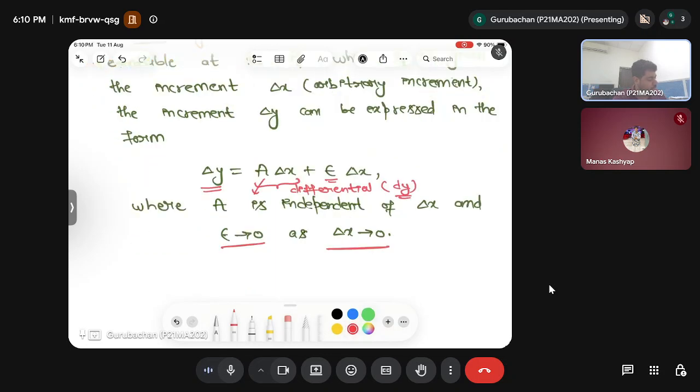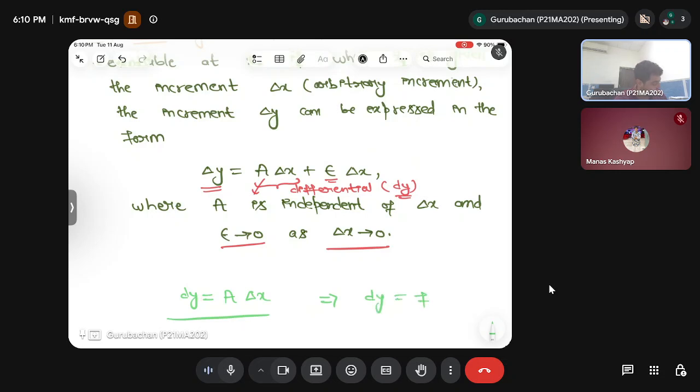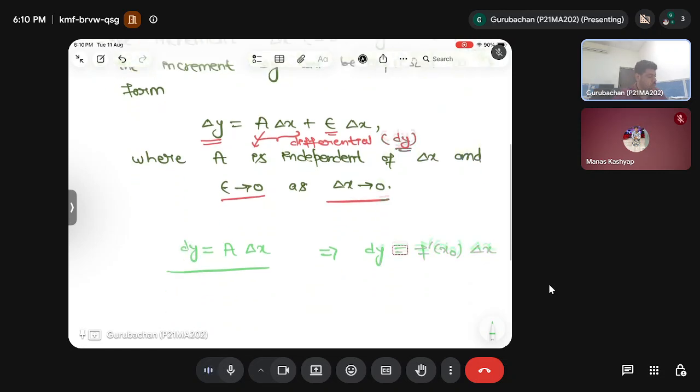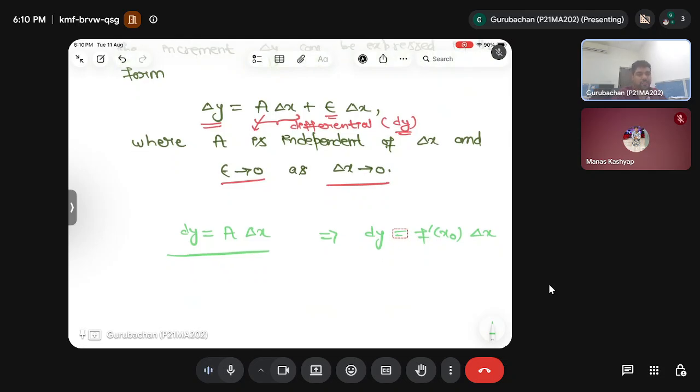So we rewrite dy as a times delta x, and this a is nothing but f dash at x naught, so dy is f dash of x naught times delta x. So this was about the definition of differentiability at x naught.